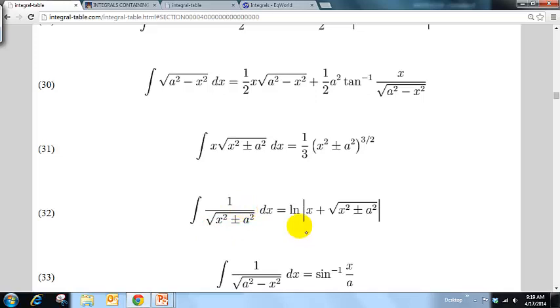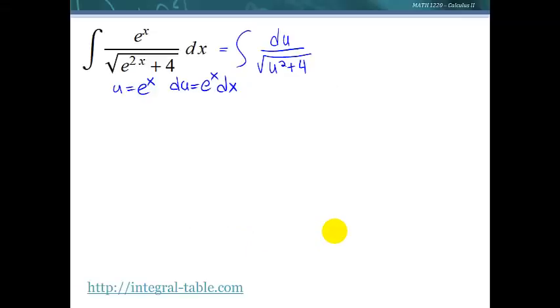And so I could express this as the natural log of u plus, and then here I would put what I had underneath. So let's go ahead and go back and do that. So I could express this as the natural log of the absolute value of u plus the square root of u squared plus 4, and then of course plus my constant of integration.